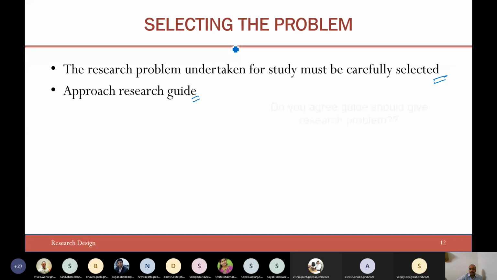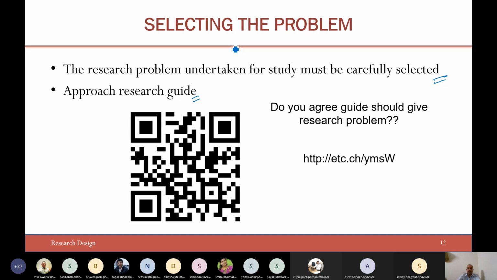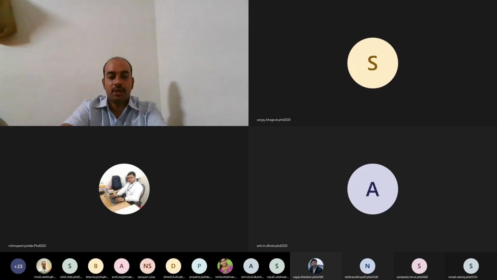And again, do you agree that the guide should give the research problem? How many of you agree? I think I am running out of time, but let's take one last poll. Have you got the question? How many of you agree that the guide should give the research problem? Let me put that as a poll.